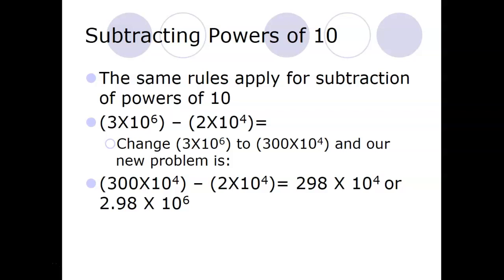So I have 3 and 6 zeros. And then I've got 2 and 4 zeros. Okay. So I've got 3 million minus 20,000.